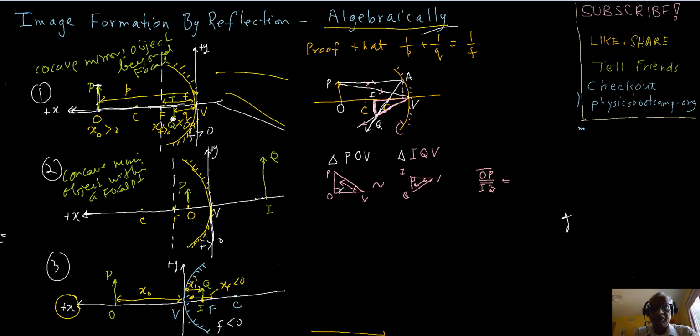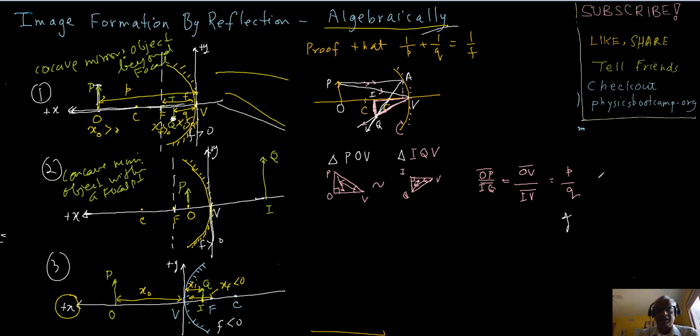This is equal to the distance opposite of that, so this is OV over IV. These are distances, everything is on the positive side here. So this distance we're calling P and this is Q.